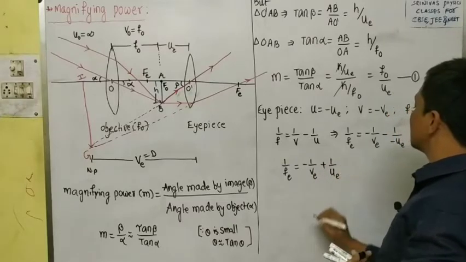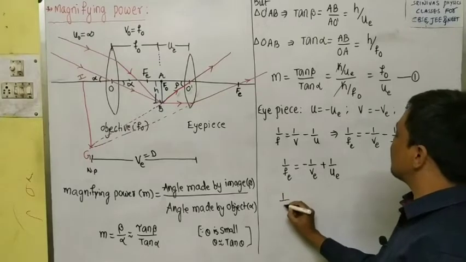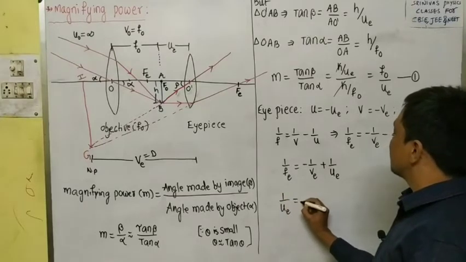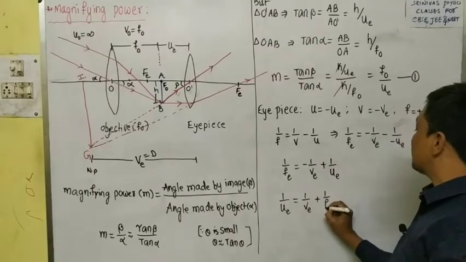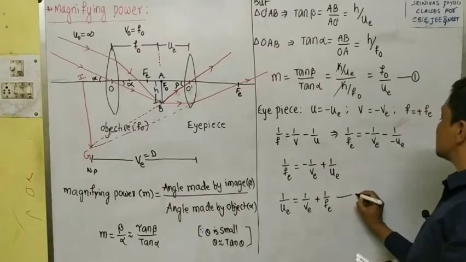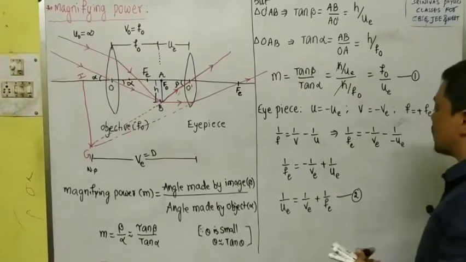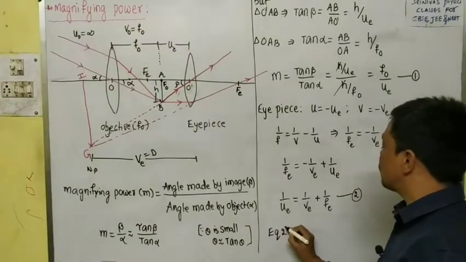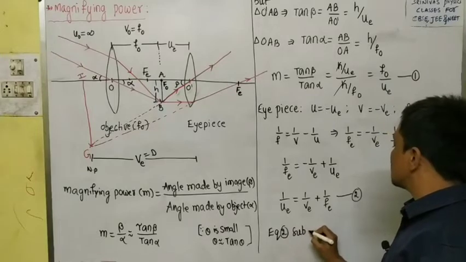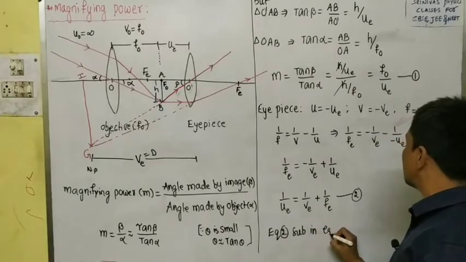So 1 by UE is equal to 1 by VE plus 1 by FE, and this is equation 2. Now equation 2 is substituted in equation 1.